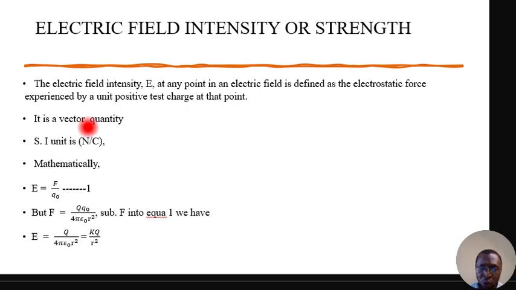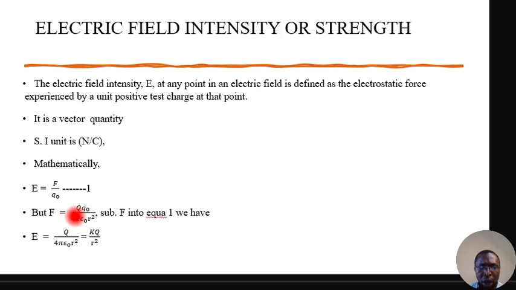And it is a vector quantity. Its unit is Newton per Coulomb. So by formula from that definition, we could say that electric field intensity equals force over charge, F over Q, where Q is the charge, F is the force.